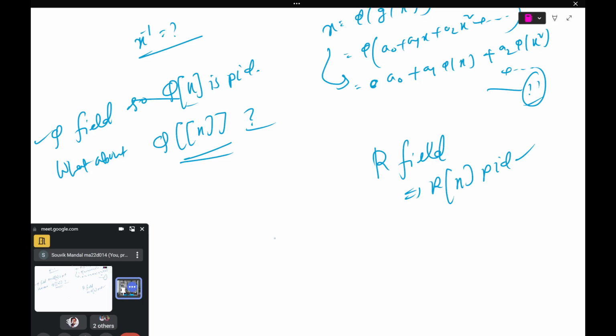There is an infiniteness coming, but if you consider it as a polynomial in a single variable, it can't be infinite.